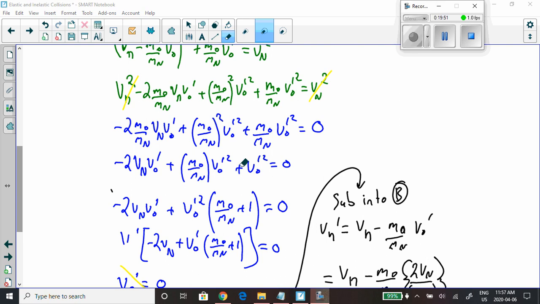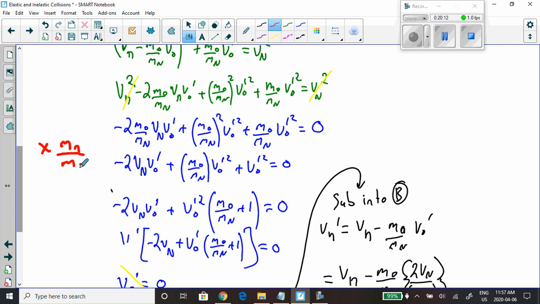All right, let's continue and see how we get to this next line here. How do we get to the next line? Well, we do that by multiplying each term here by mass nitrogen all over mass oxygen. So when you multiply that into here, it eliminates the fraction.